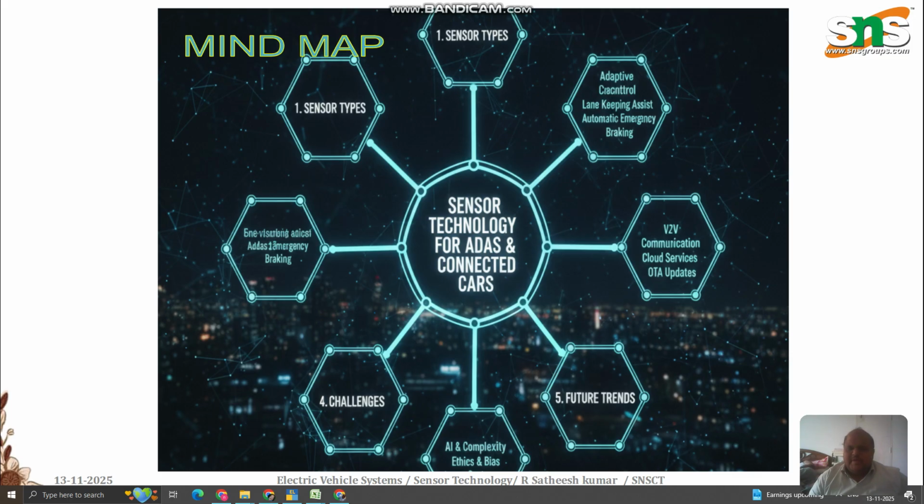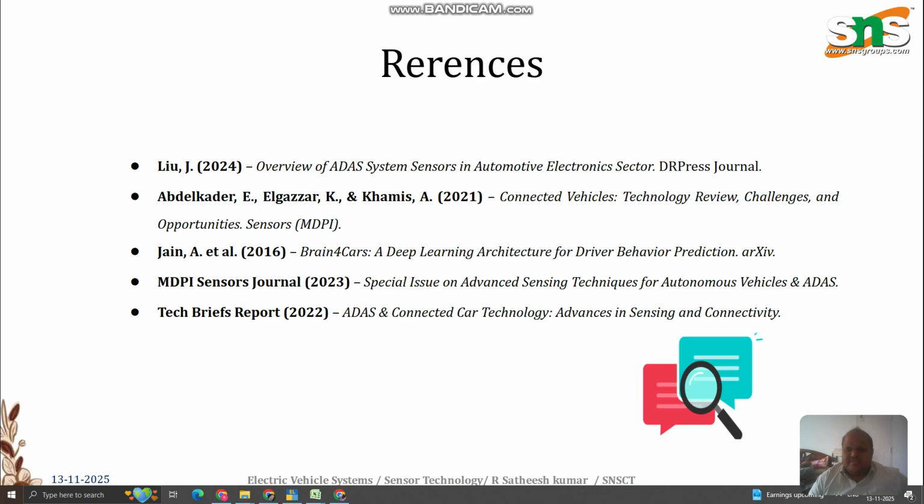This is a mind map regarding car sensor technology for ADAS systems: the sensor types, adaptive cruise control, lane keeping assistant, automated emergency braking, V2X, then AI complexity and ethics bias. These are the things that come under the mind map of sensor technology for ADAS and connected cars. These are some references which we took.